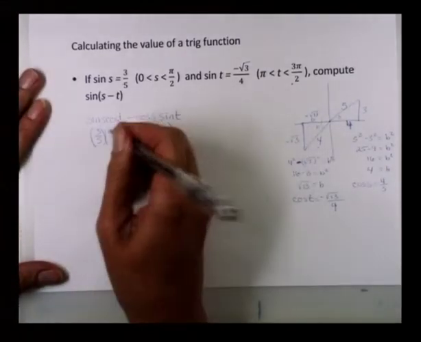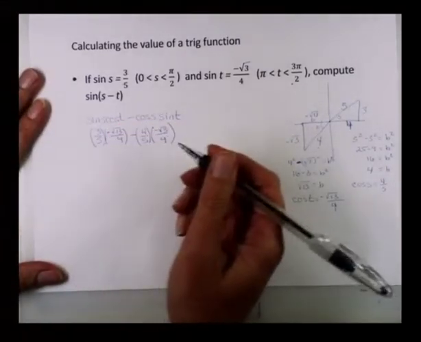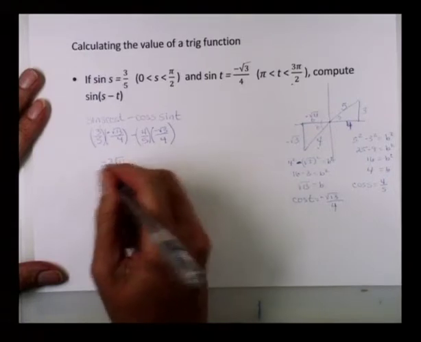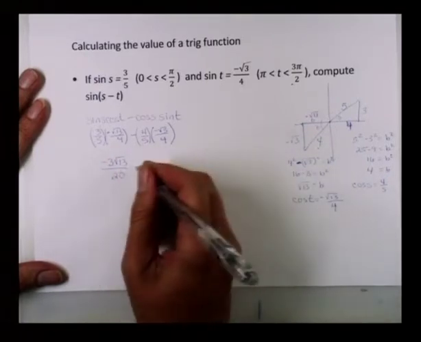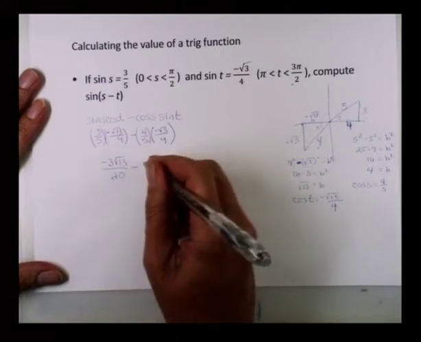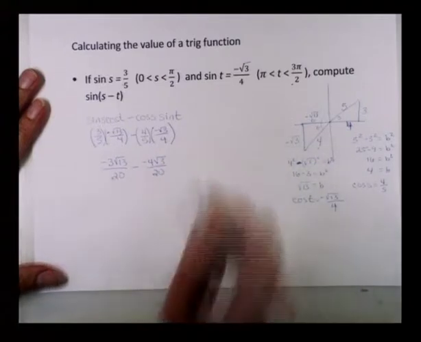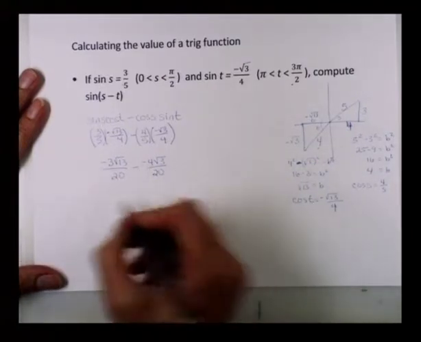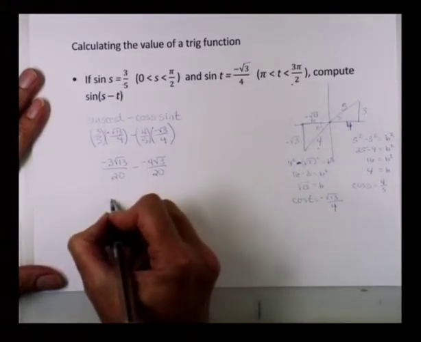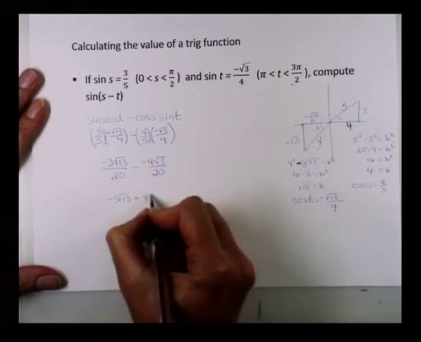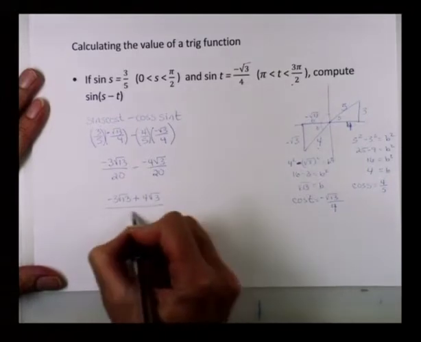We'll clean this up by multiplying. So I have negative 3 radical 13 over 20 minus negative 4 radical 3 over 20. I have a double negative here, so when I simplify that, I would have negative 3 radical 13 plus 4 radical 3 all over 20.